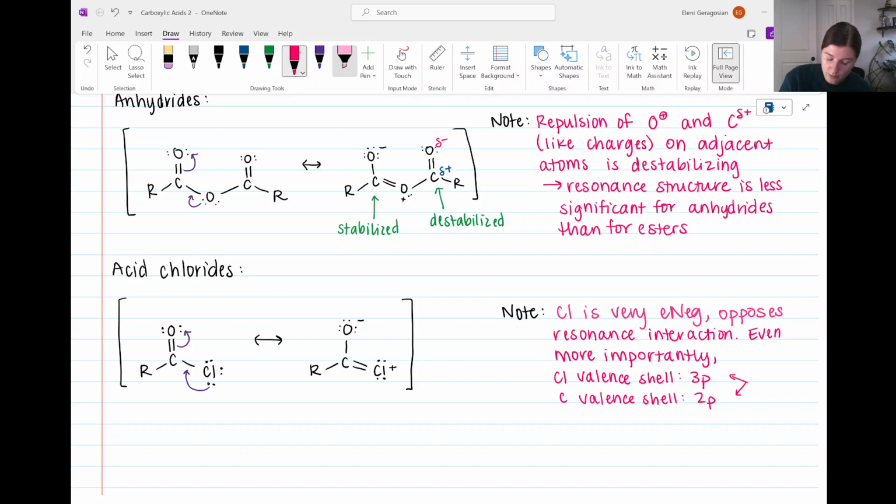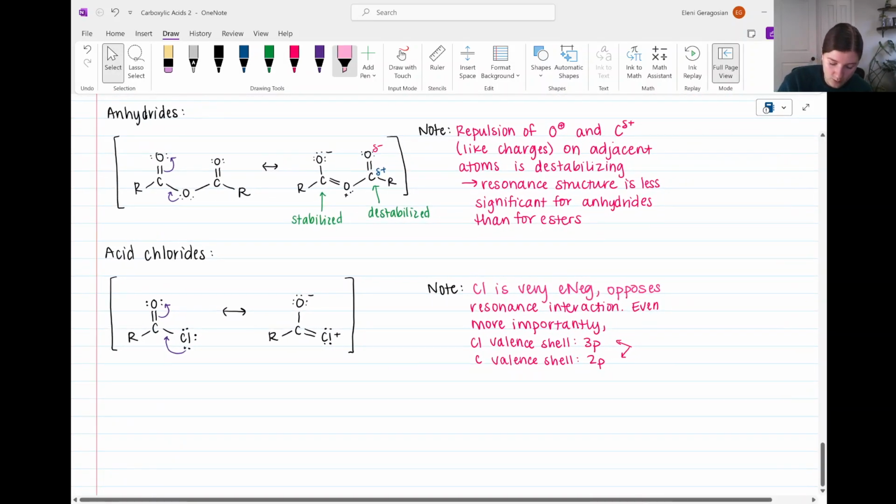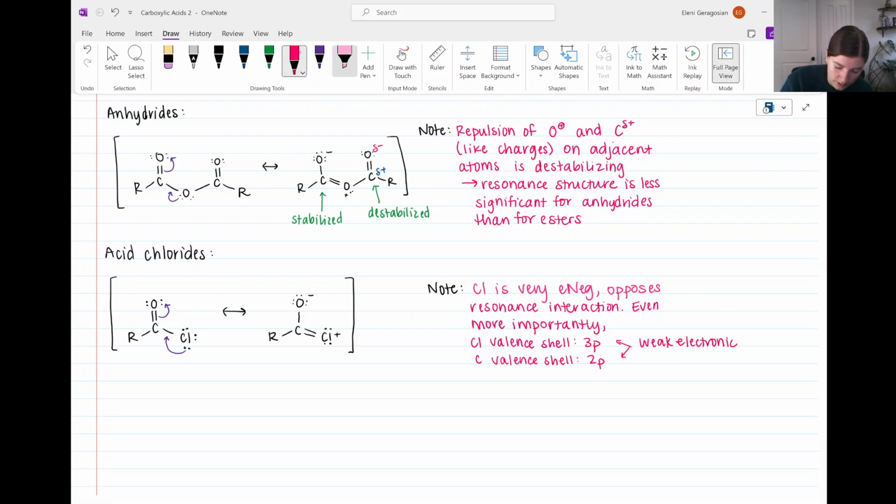And so between the chlorine and the carbon, we have a weak electronic overlap.